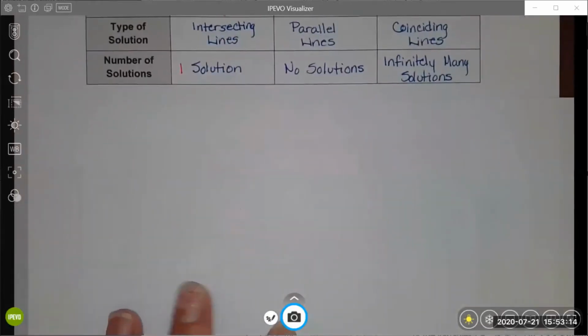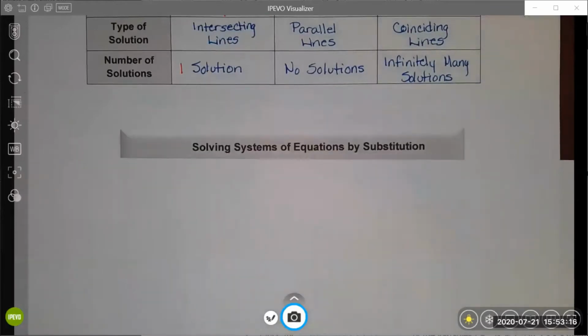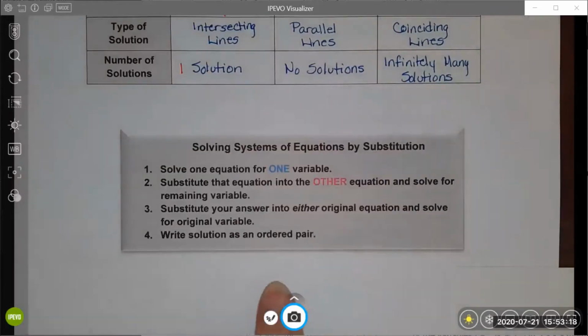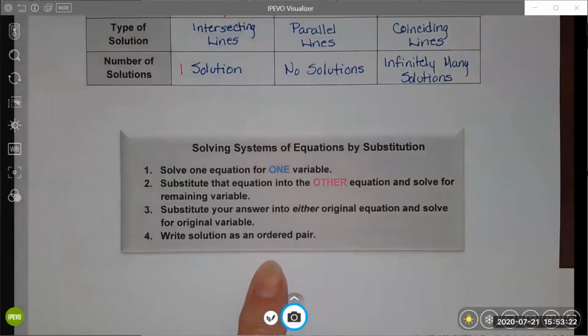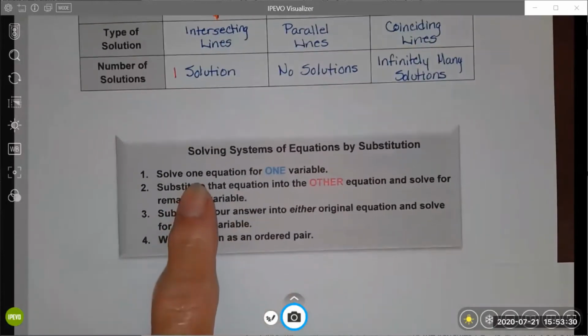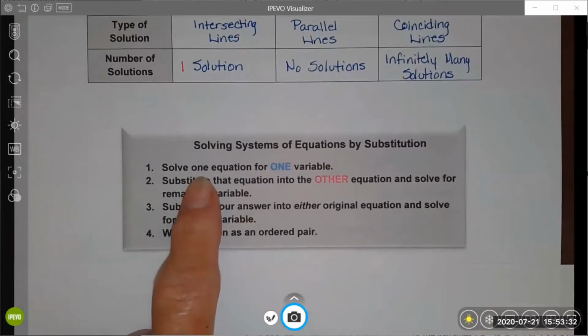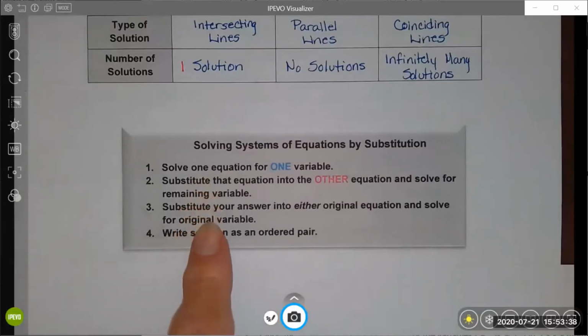That's our prior learning. Let's take a moment and look at the steps that we need in order to solve a system of equations using substitution. And remembering that in this lesson, one of our equations will be a quadratic equation. So the first thing we're going to do in substitution is we solve one of the equations for one of the variables. Then we substitute that into the second equation.